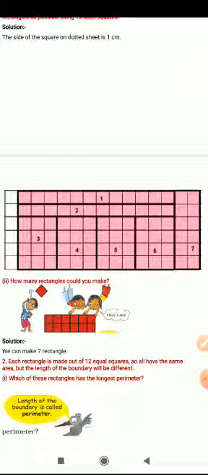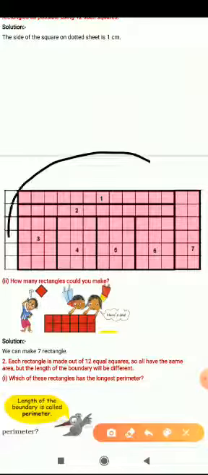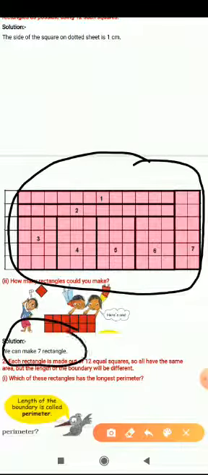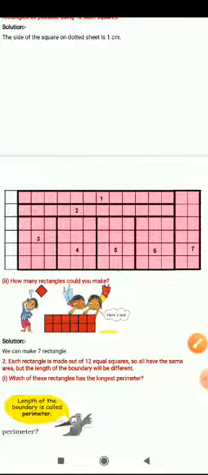So, I have drawn over here 7 rectangles. So, I have written in solution part, that is, we can make 7 rectangles. You can write your own question, your own answer over here. Let's move forward.